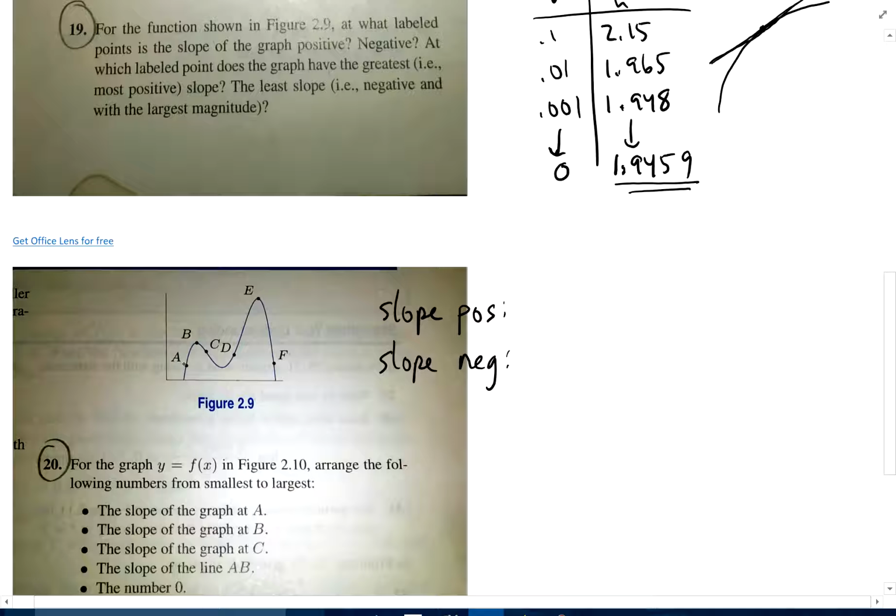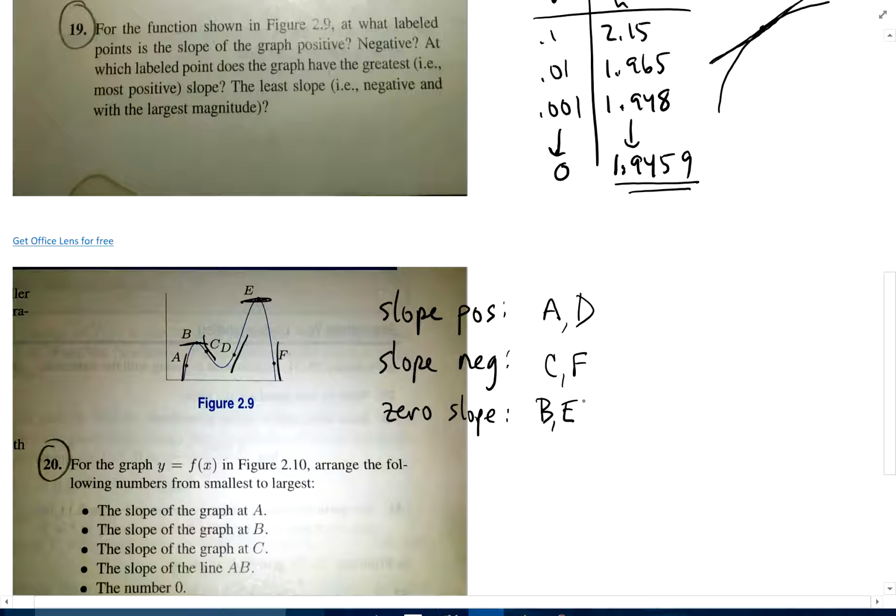Okay, so positive slopes: A, D. Negative slopes: C and F. And it looks to me like B and E are right at the top, so they're going to have zero slope. In other words, the slope is actually equal to 0.